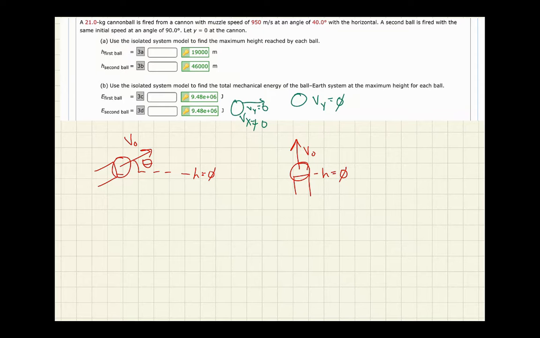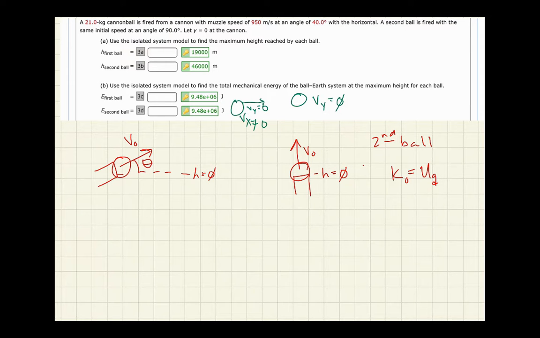The ball that's fired vertically is very easy to do. For the second ball, we just have kinetic energy at the beginning equal to gravitational energy at the end.